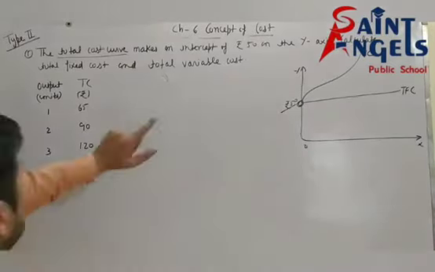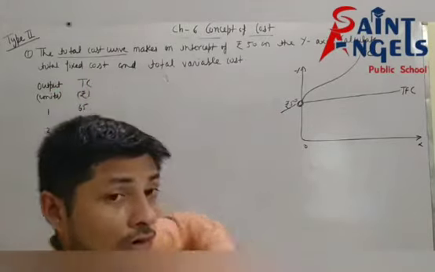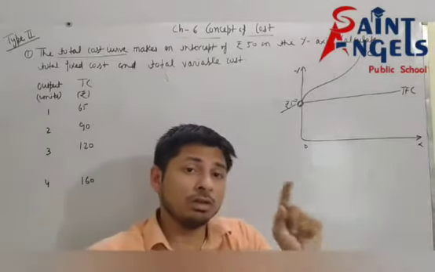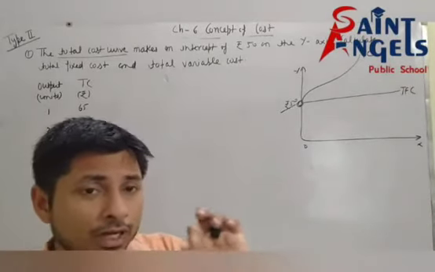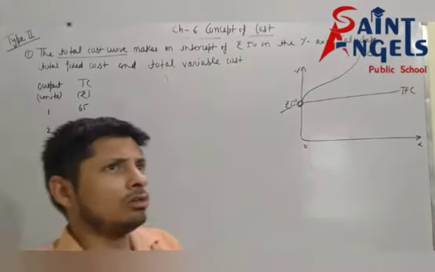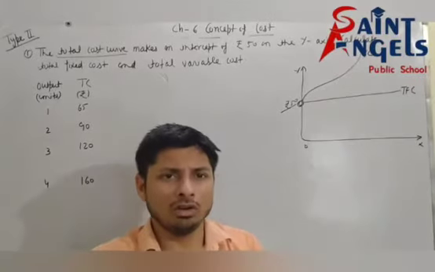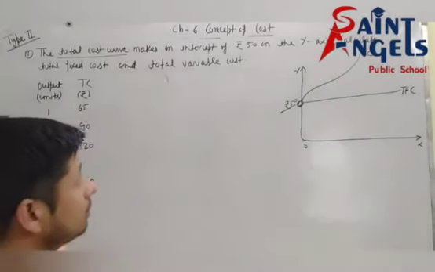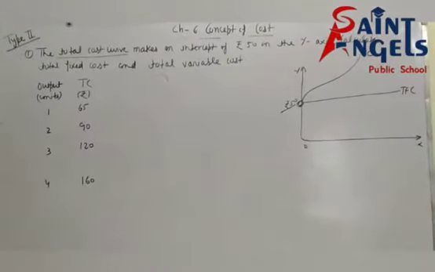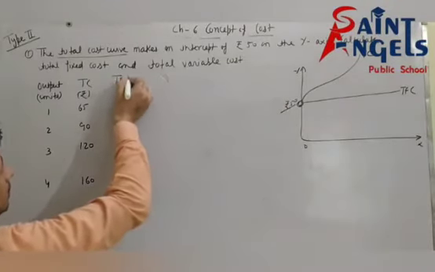So calculate total fixed cost and total variable cost. Always remember, first of all you have to find TFC. If you want to find AFC, TC, AVC, any cost, first of all you will find total fixed cost.